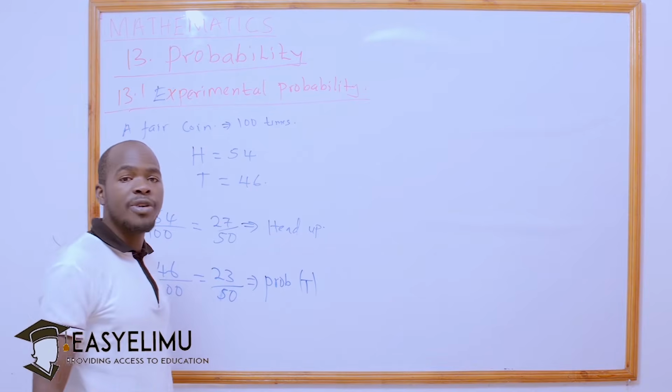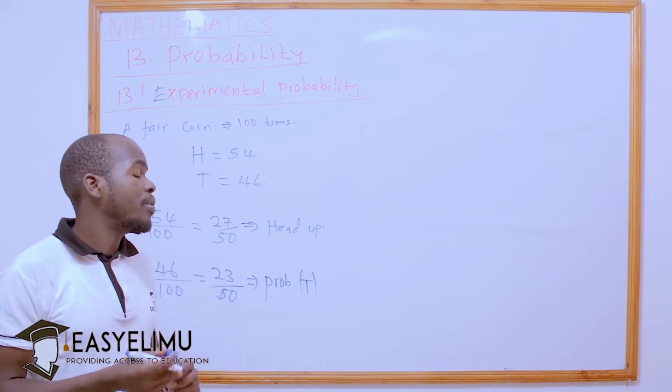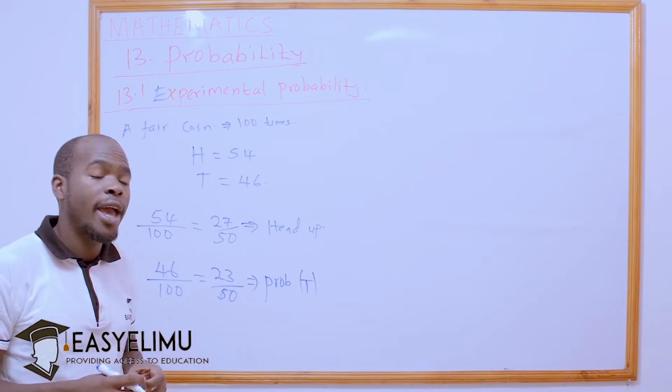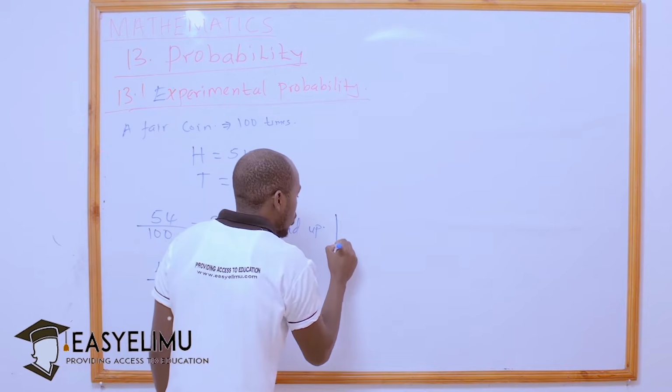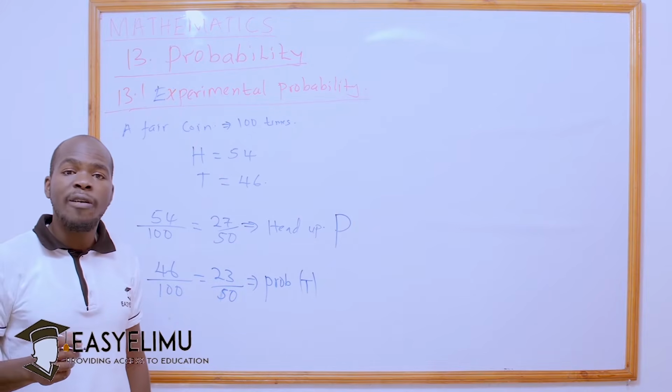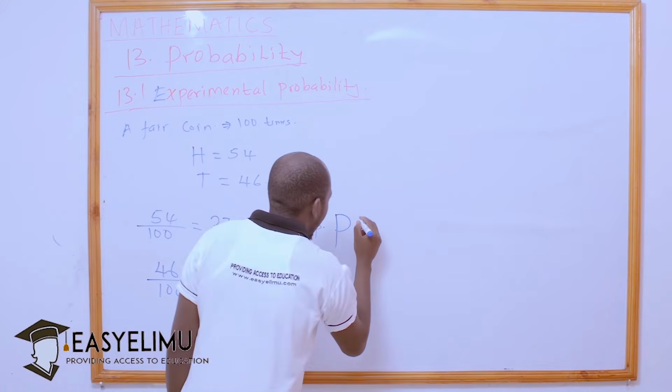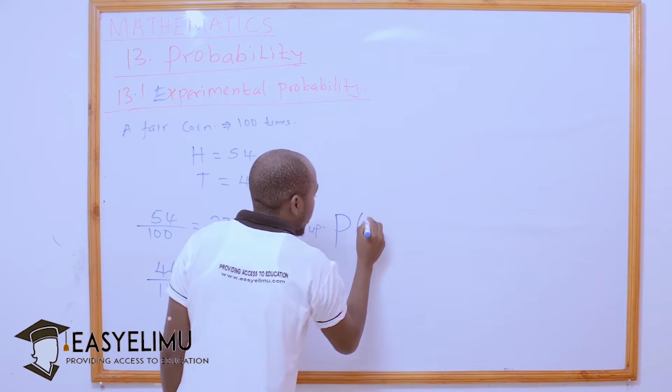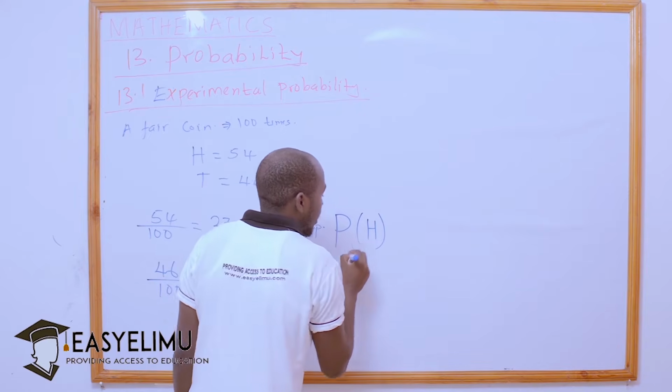And this is abbreviated as follows. If you want to find the probability of a coin showing up a head, you start with a capital letter P to indicate that you are finding the probability. Then in brackets you place whatever you are investigating, that is the head.